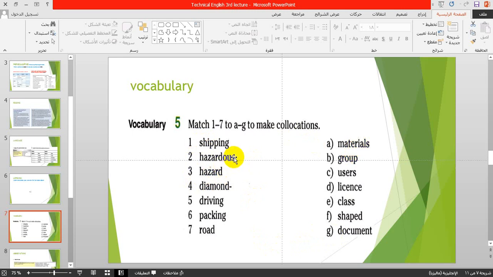Okay, A. Hazard, number 3. Hazard class. Number 4, diamond shade. Driving license. Packing group. And road users. Okay, like this.